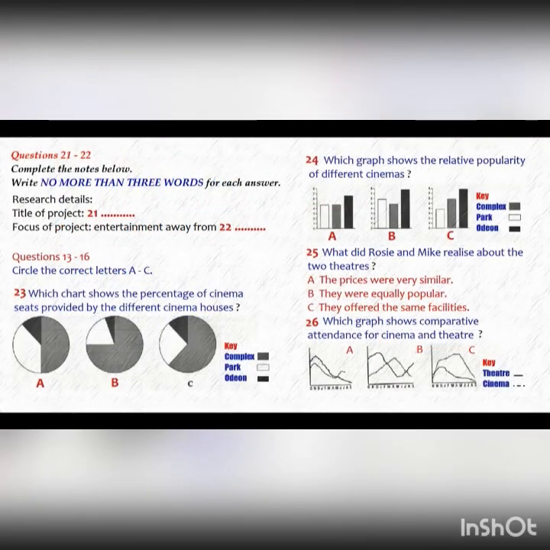Now turn to Part 3. Part 3. You will hear a discussion between two students, Rosie and Mike, and a university tutor. In the first part of the discussion, they're talking about a survey they have conducted on local entertainment.